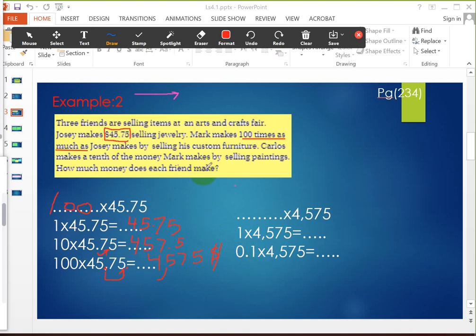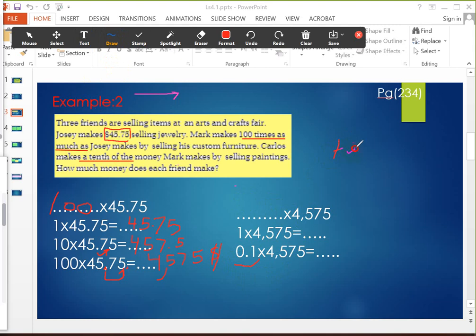Now, what about Carlos? Carlos makes a tenth. What does that mean? Tenth. That means you have to multiply the amount of money by a tenth, that means 0.1. This is the tenth.